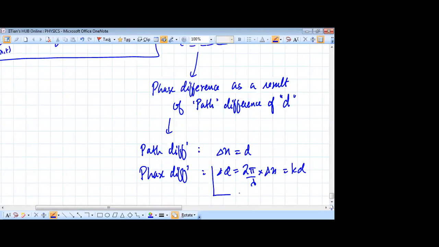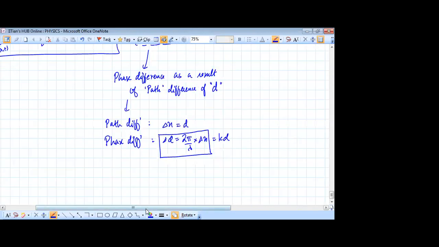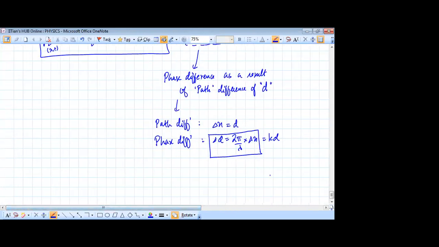So this is the relationship between a path difference of delta x and the phase difference it creates. Path is converted into phase by multiplying by 2 pi by lambda. That's a simple relationship we should remember: whenever two waves travel different paths differing by delta x, they have a phase difference of 2 pi by lambda into delta x, or k into that.